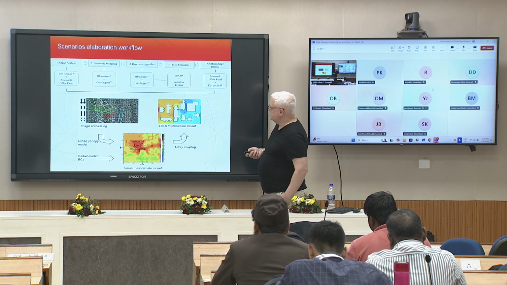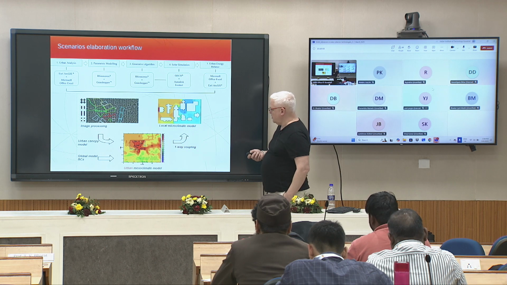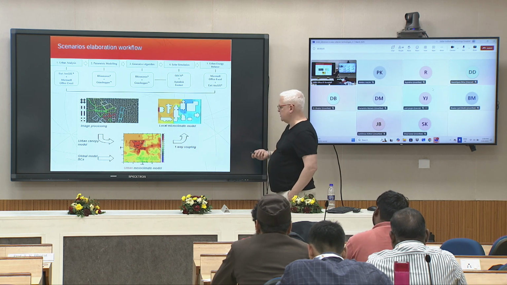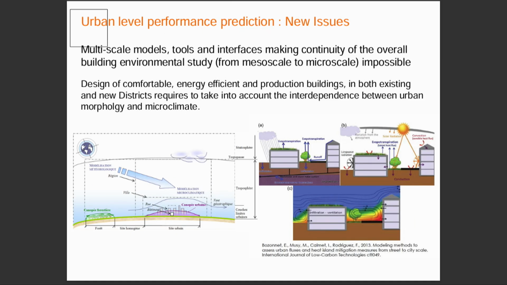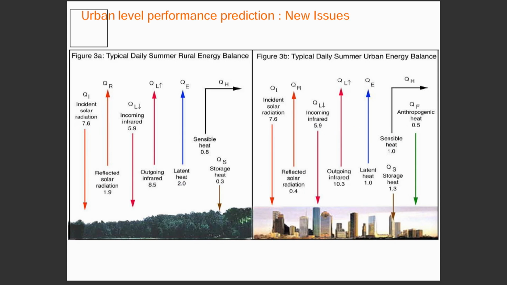So we are using different tools like Solène microclimat in order to evaluate local climate, Rhino Grasshopper, different tools. At that time, we are using some tools that are coupled to meteorological tools, okay, so big scale, like Weather Research Forecast. I will show you some results.